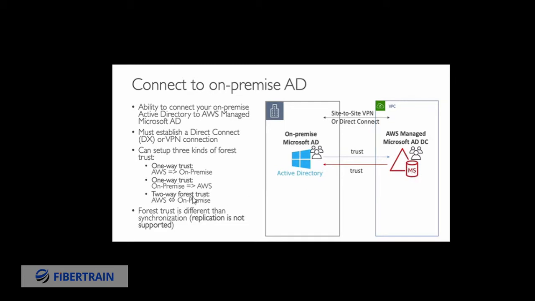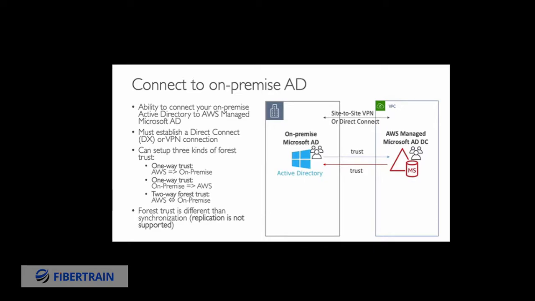And then we have two-way trust, which is where the AWS Managed Active Directory is trusting the on-prem, and the on-prem is also trusting the AWS Managed Active Directory. We need to take note that forest trust is just a way of allowing a system in one domain to access a resource in the other domain, but that does not in any way mean replication.